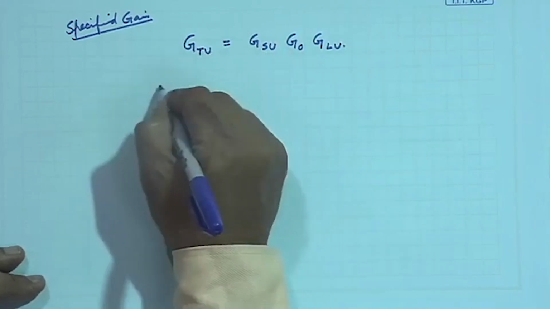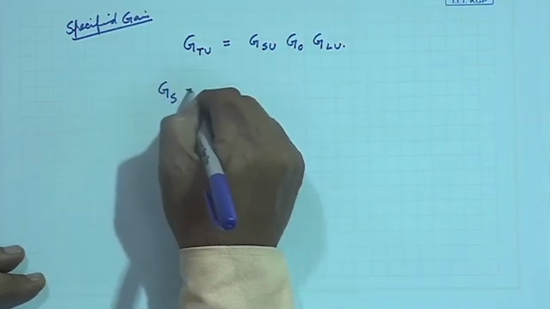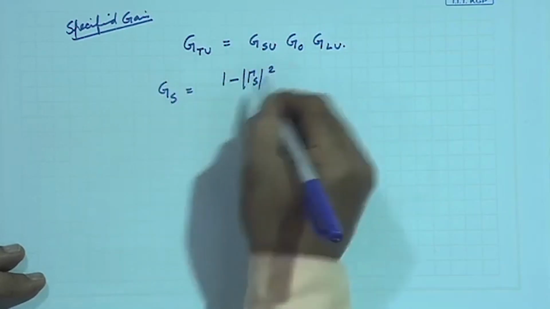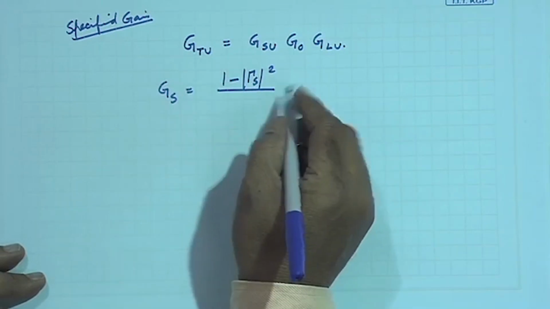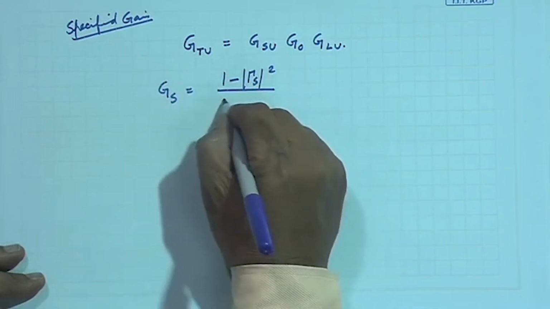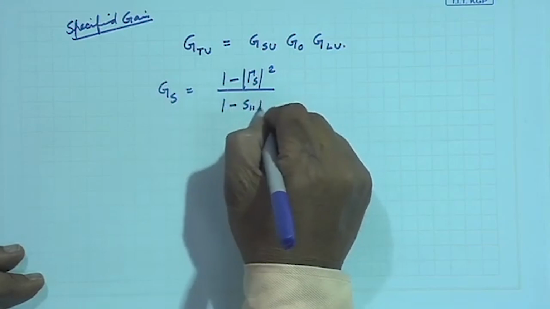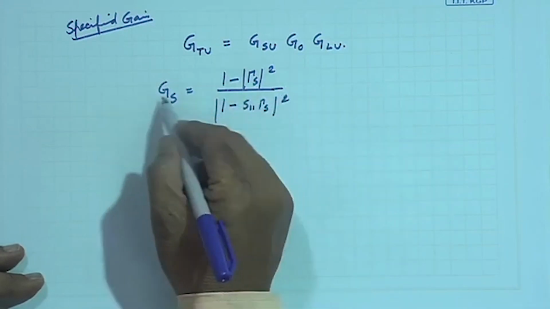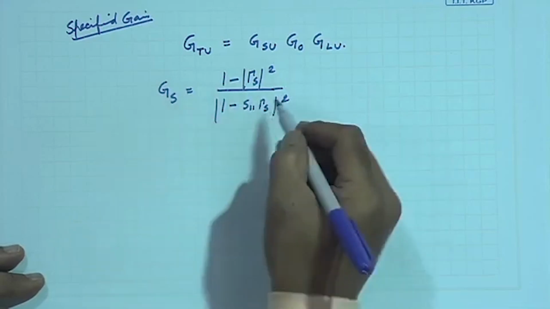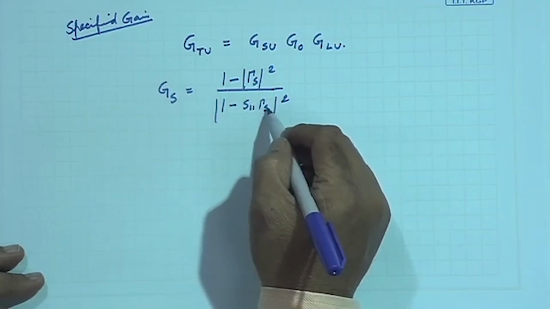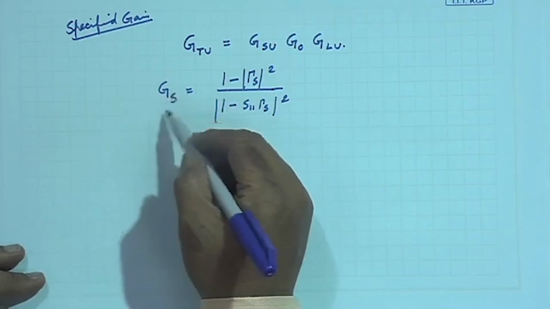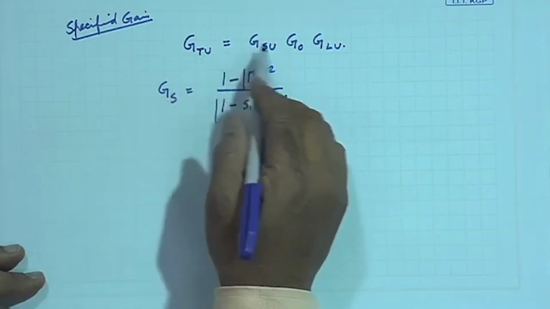So, what is GS? We know under the unilateral assumption it is simplified, gamma L does not come into the picture, and it is simply (1 minus |gamma S|^2) by |1 minus S11 gamma S|^2. So, you see that I can choose gamma S by knowing my GS requirement, that means how much gain I want from the input matching circuit.